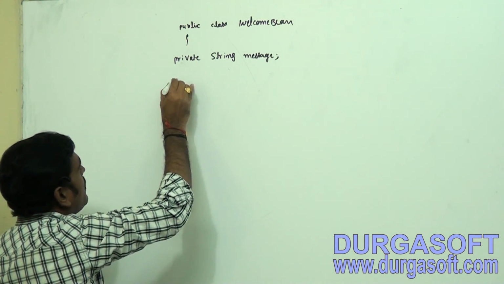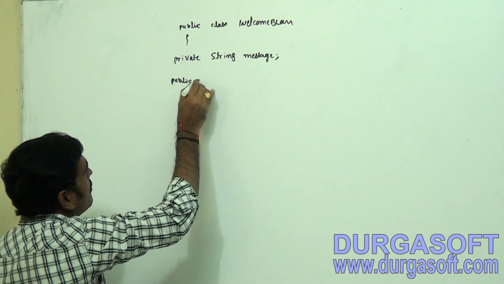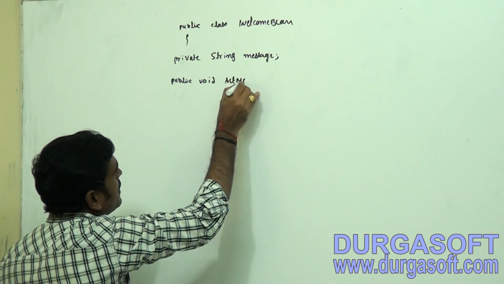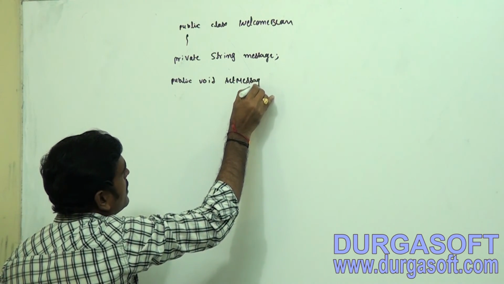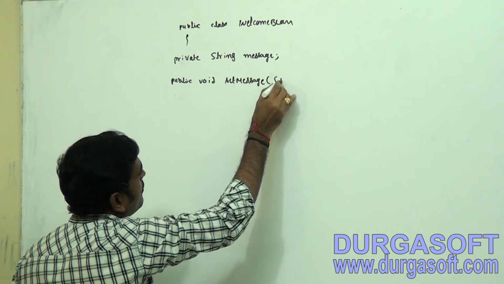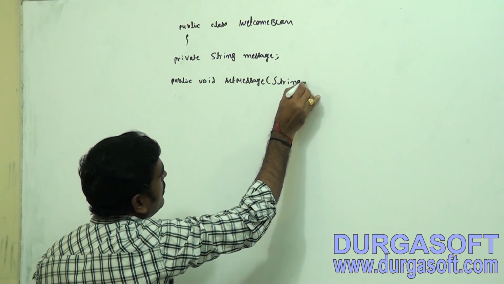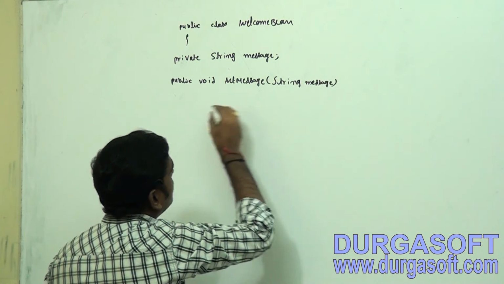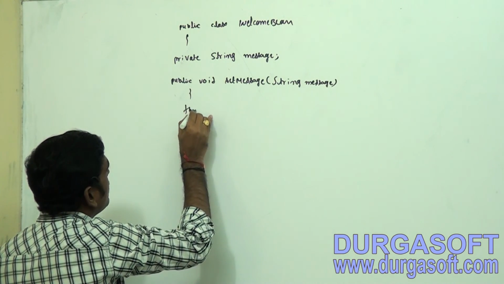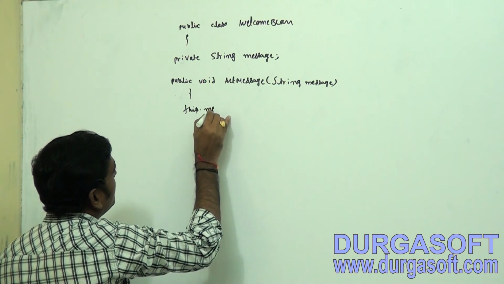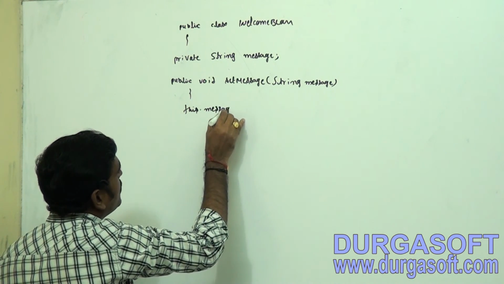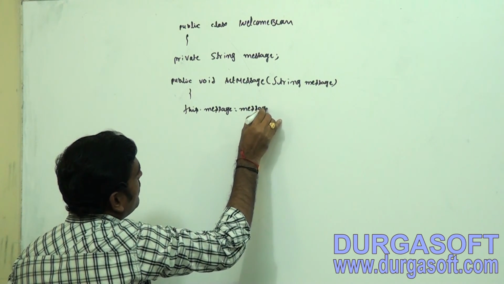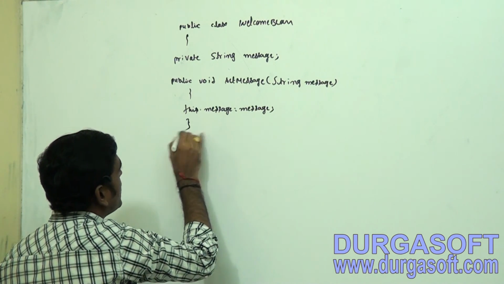Then after that, public void setMessage, under that String message, then this.message is equal to message.